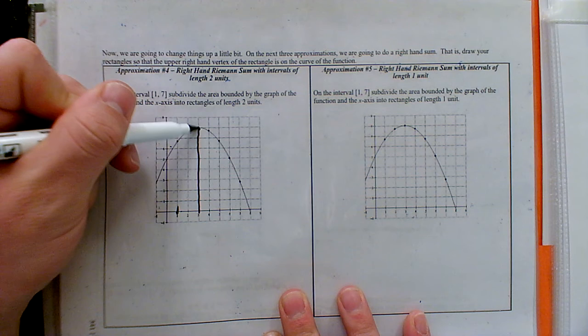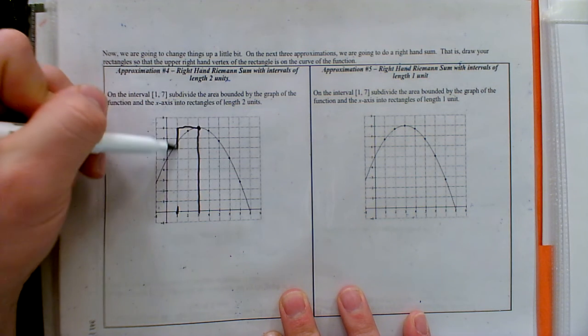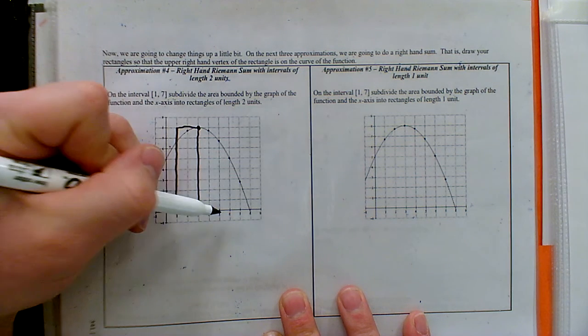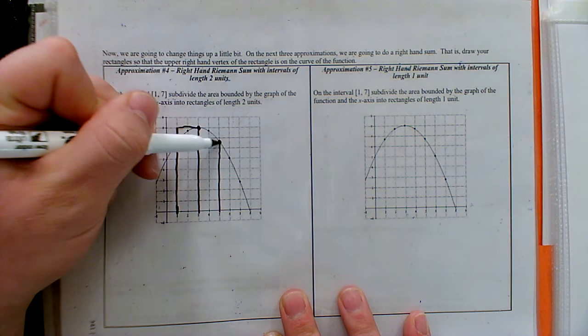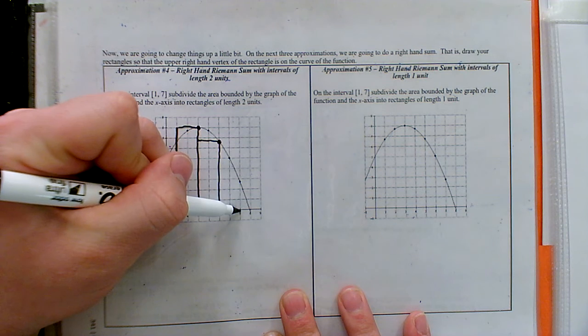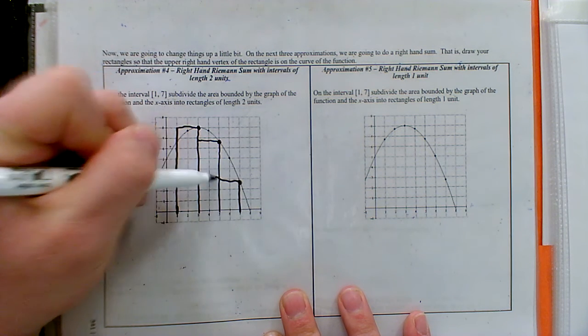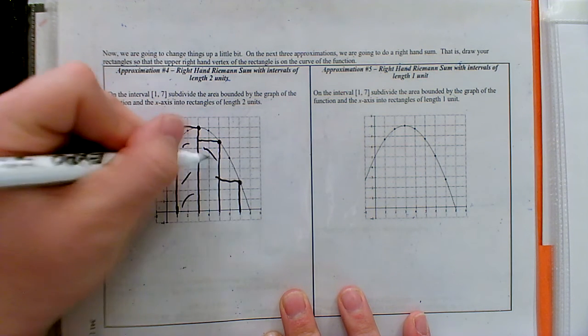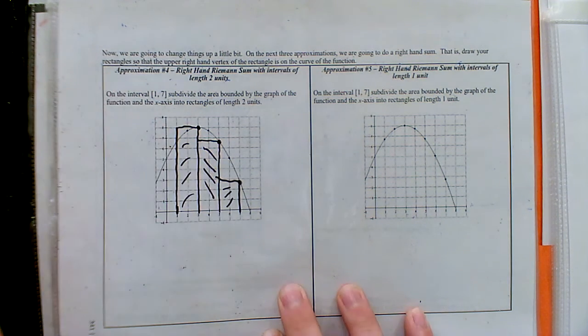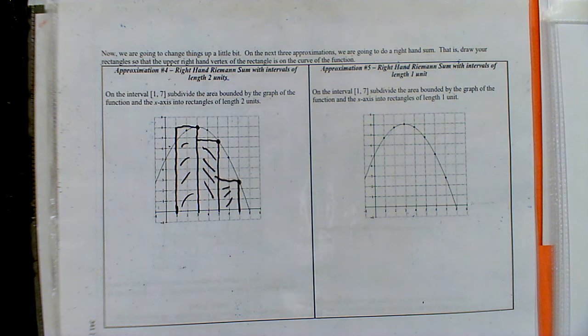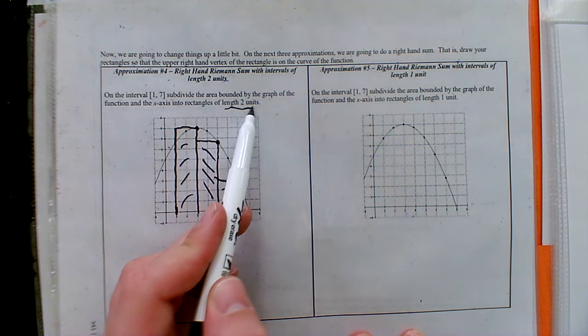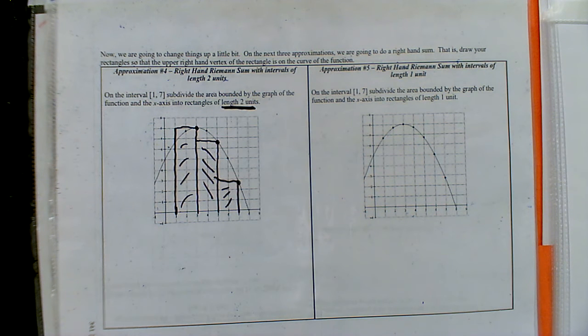So the right-hand side of it should be on the curve. So it should look something like that. Again, the right-hand side should now be on the curve. It told us it was length of 2 units. That's why they're 2 wide.